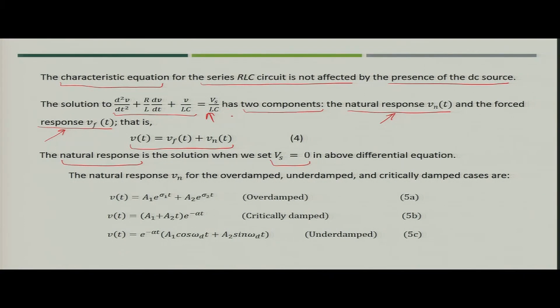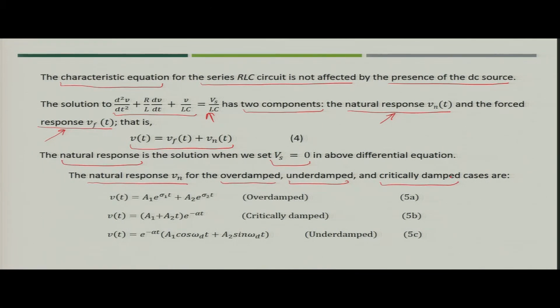So, based on the previous discussion, in the case of a source-free series RLC circuit, we can write the natural response, and there are three conditions: underdamped, overdamped and critically damped cases.